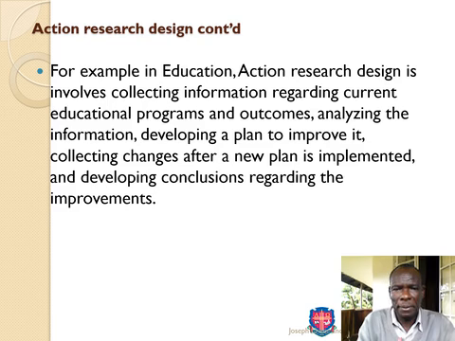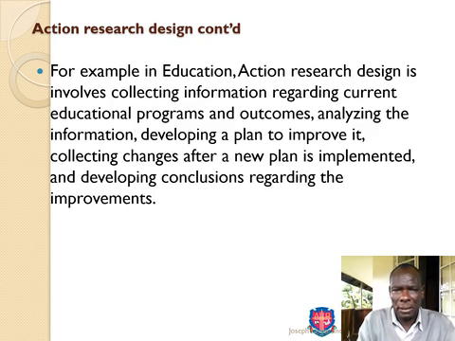An example, if you take the field of education, action research involves the collection of information regarding the current educational programs and then the outcomes. Then analyze the information, develop a plan to improve it, collect changes after a new plan is implemented, and then develop conclusions regarding the improvements.